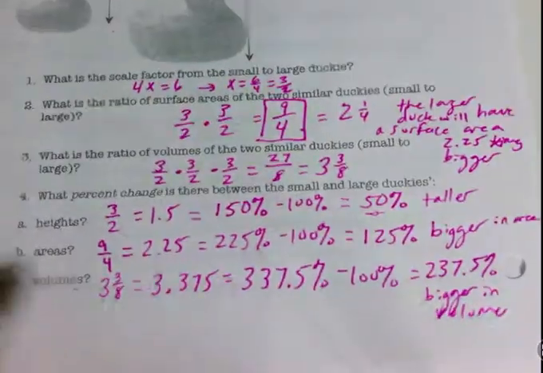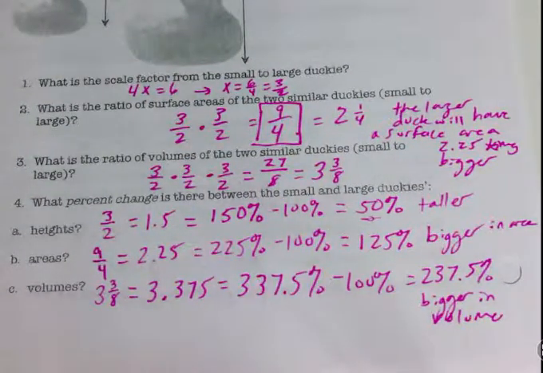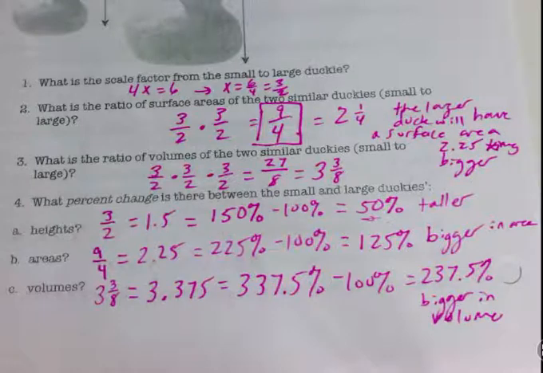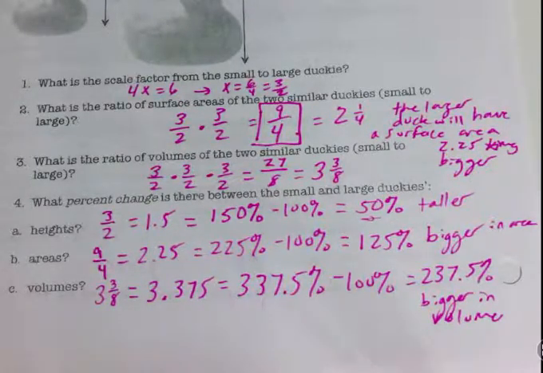Okay, so that is, in a nutshell, thinking through how the scale factor can help us to think about the ratios or the relationship of change between the area and the volume of different shapes. If we know a linear scale factor, we can use that to think about how the area relates from the original to the new, and how the volume of the original and the new shape might relate to one another.